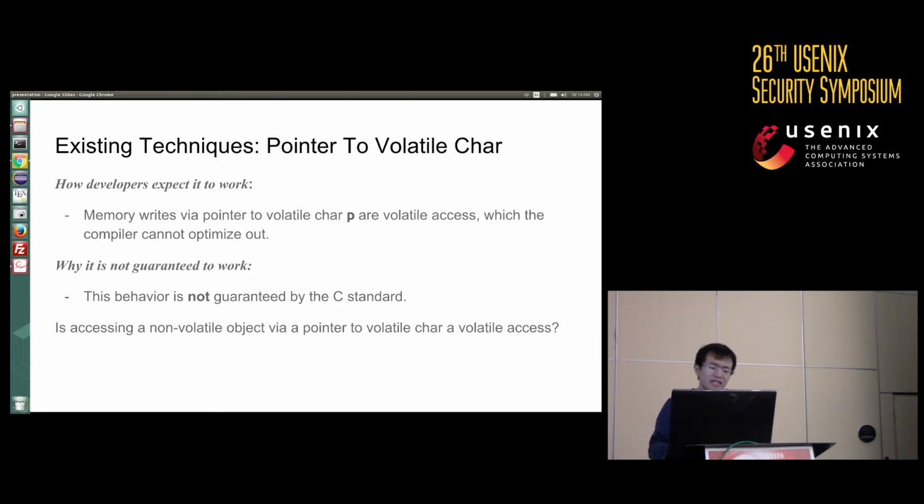Is accessing a non-volatile object via a pointer to volatile char a volatile access? It seems to be entirely reasonable for a compiler not to consider such an access a volatile access. And for that compiler, this technique would not work.